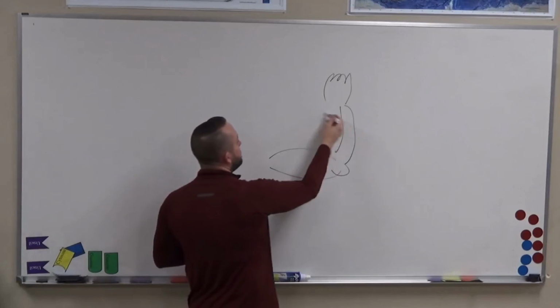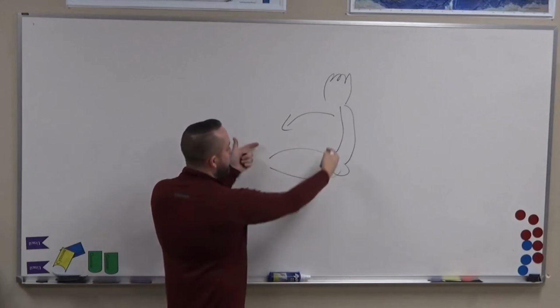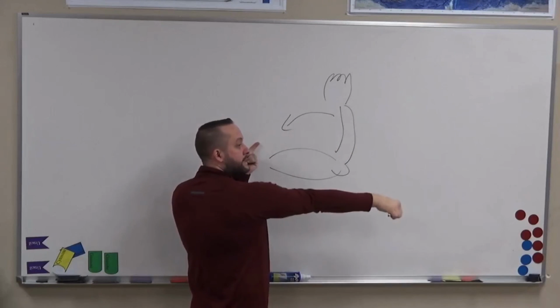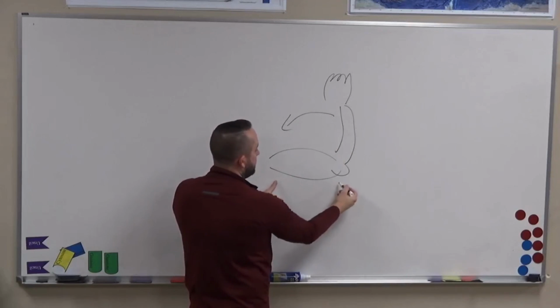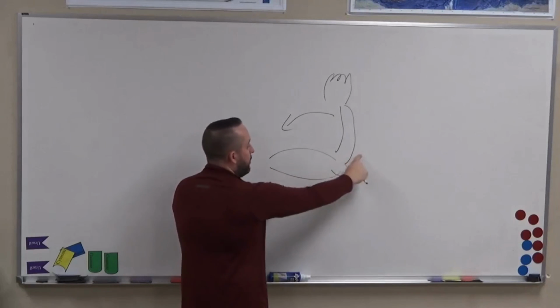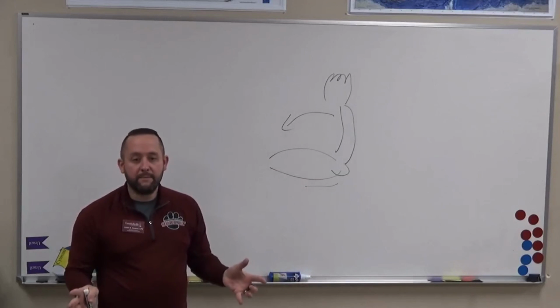If I want to flex my arm this way, right, this muscle has to pull. It has to pull this limb up. And if I want to extend it, then this muscle has to pull. It's literally pulling this bone down, right? That's every muscle movement in your body.